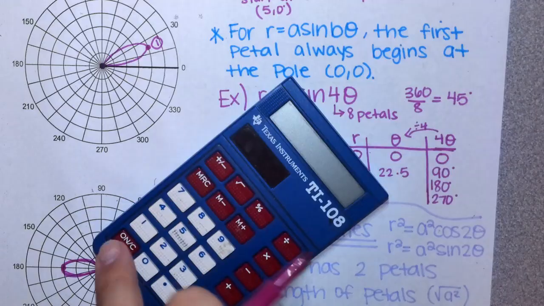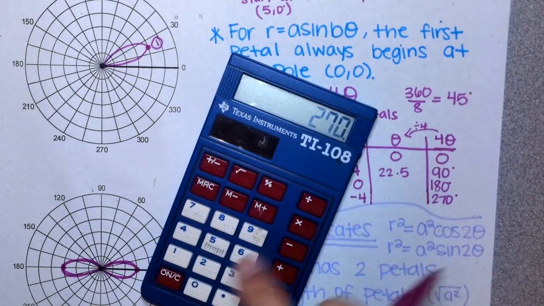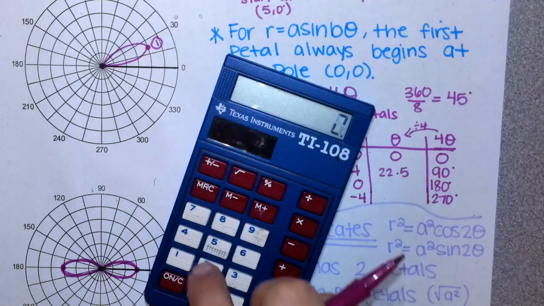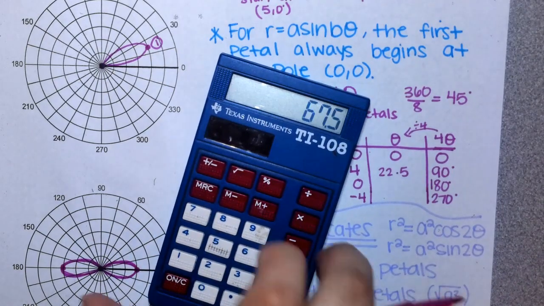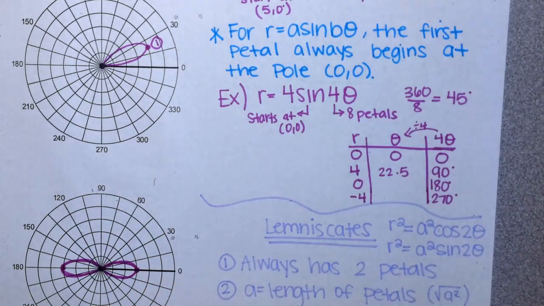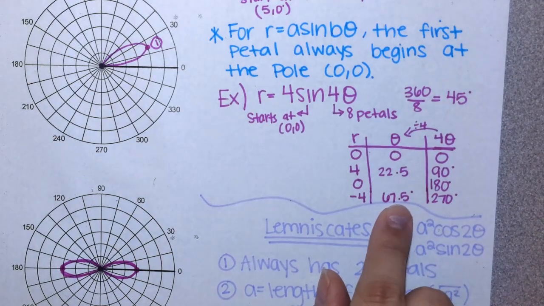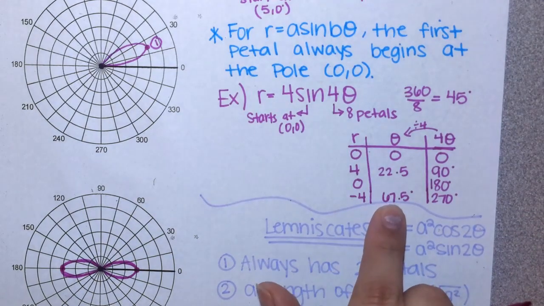270 divided by 4 is 67.5. So how do I plot negative 4, 67.5?